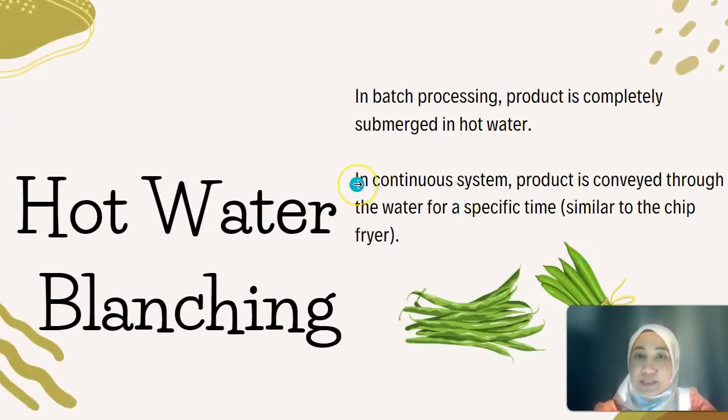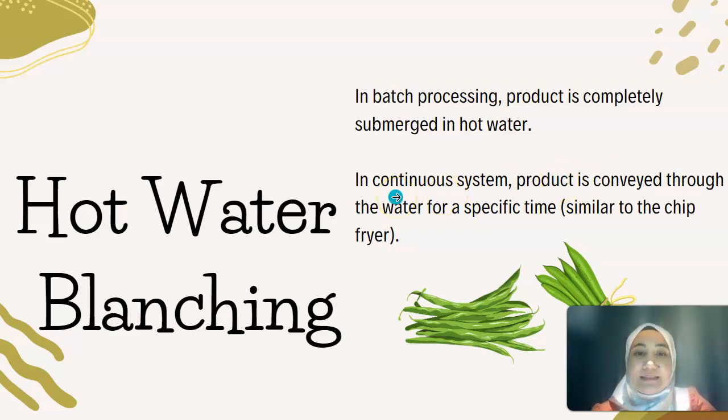For hot water blanching, it is usually used in batch processing, and the product that is going to be blanched is completely submerged in hot water. Because hot water is used, the temperature almost reaches 100 degrees Celsius only.